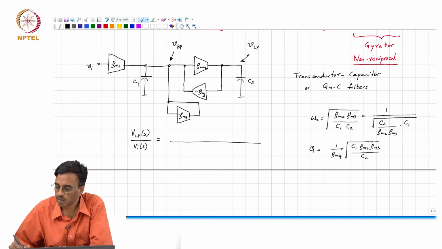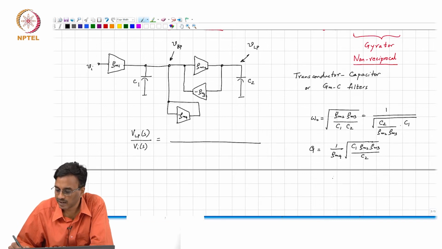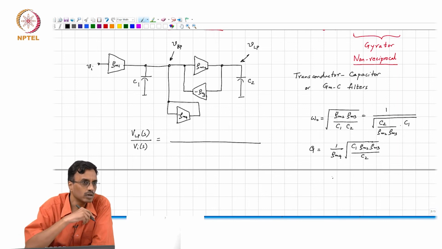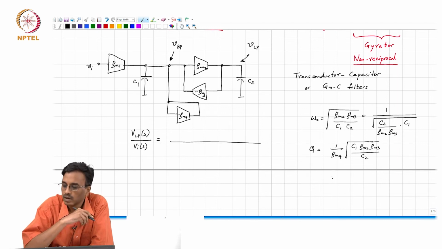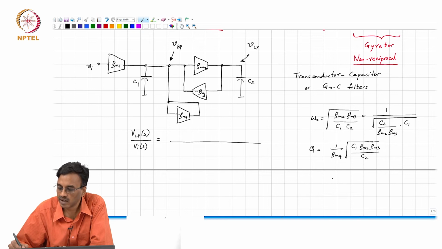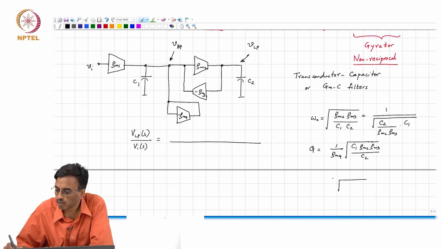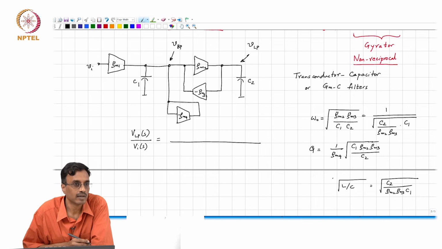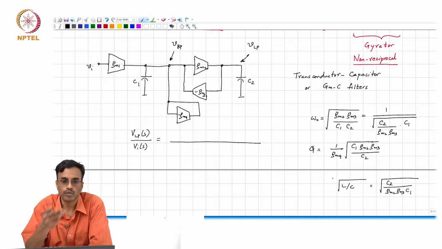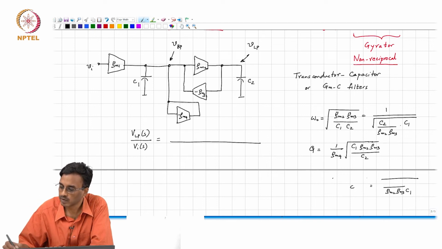The quality factor, remember, for a parallel RLC tank is nothing but R by square root L by C, and so R is evidently 1 by GM4, and square root of L by C is nothing but square root of C2 over GM2 GM3 divided by C1, and therefore if you do the math, you basically will get this quality.